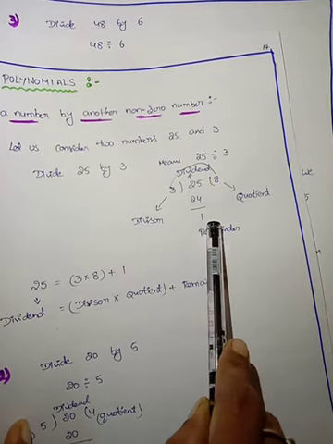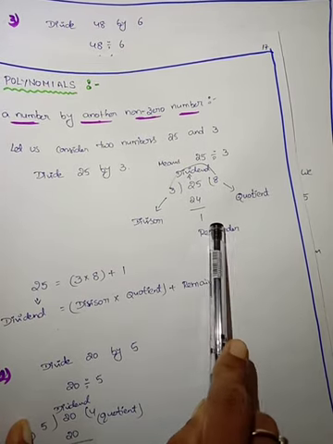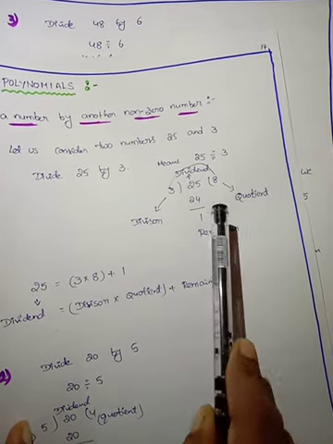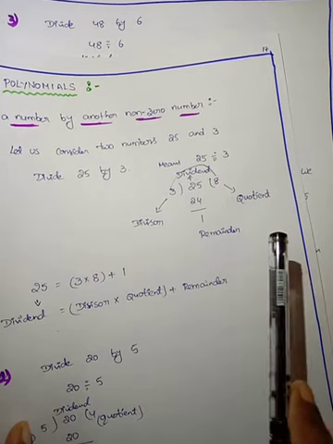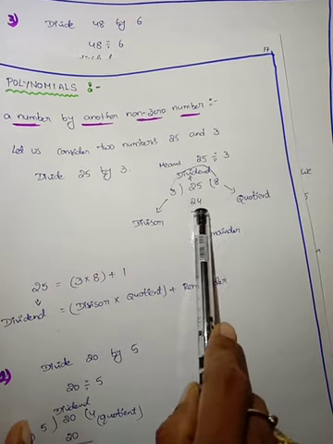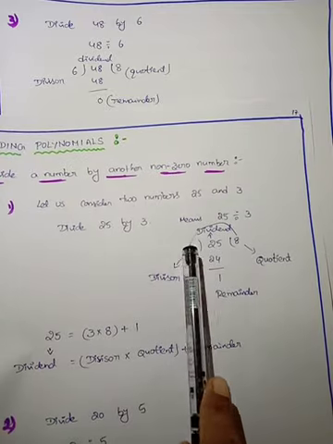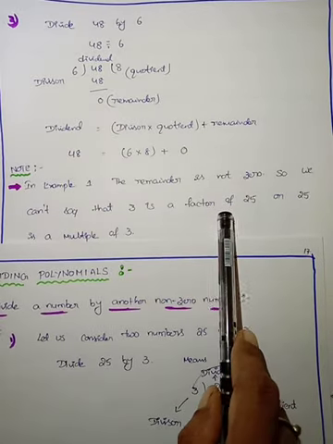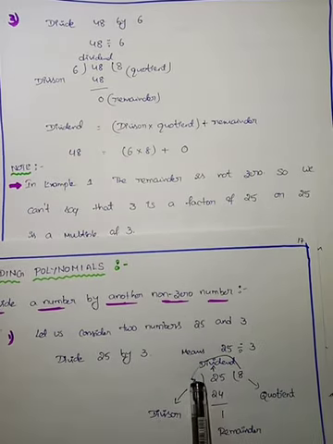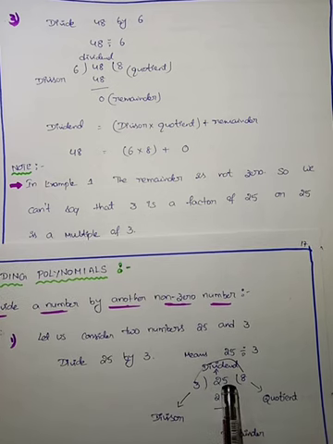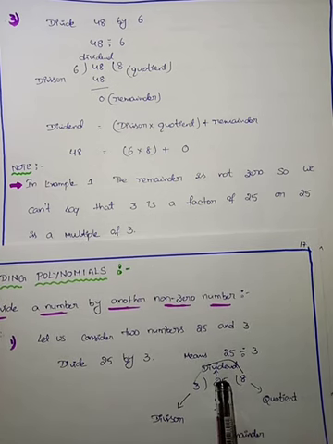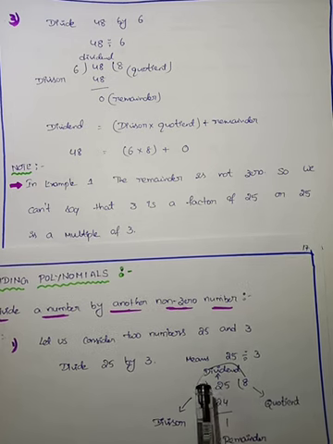If the remainder is 0, then only we say that it is a factor of that particular number. But here the remainder is not 0. So here 3 is not a factor of 25, or 25 is not a multiple of 3.